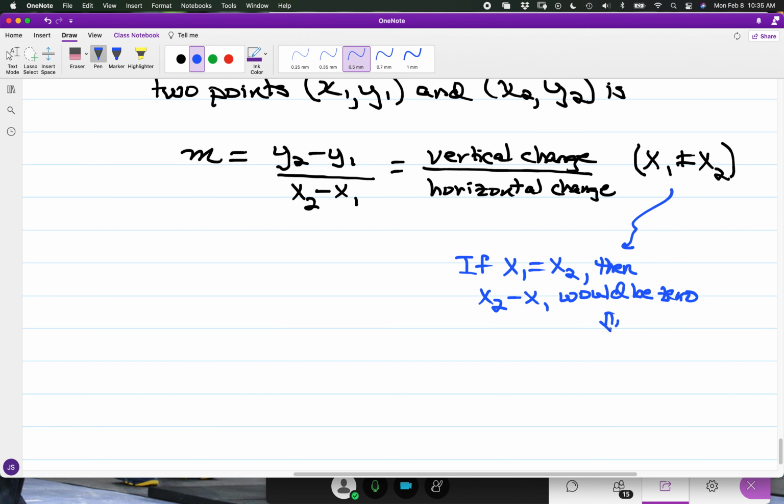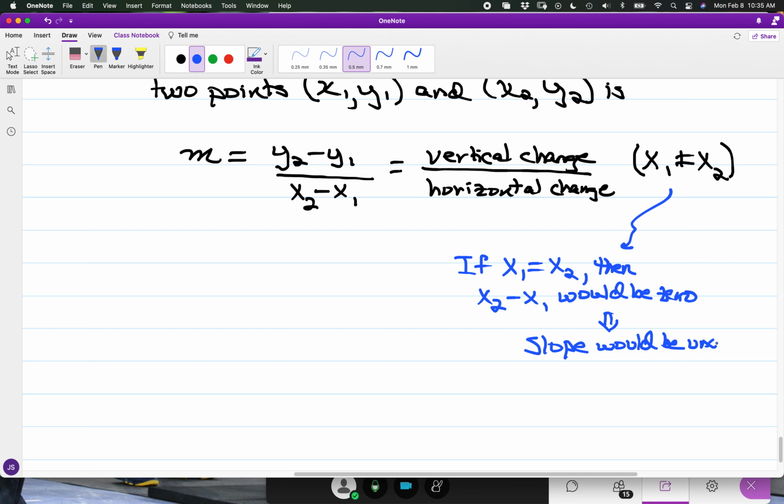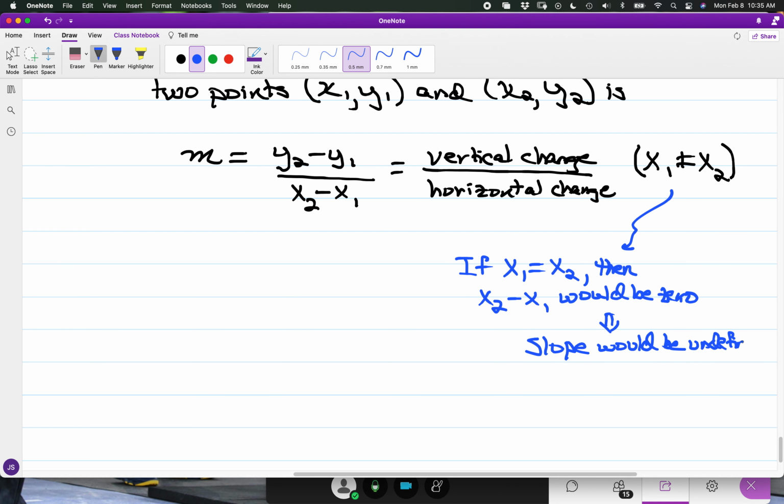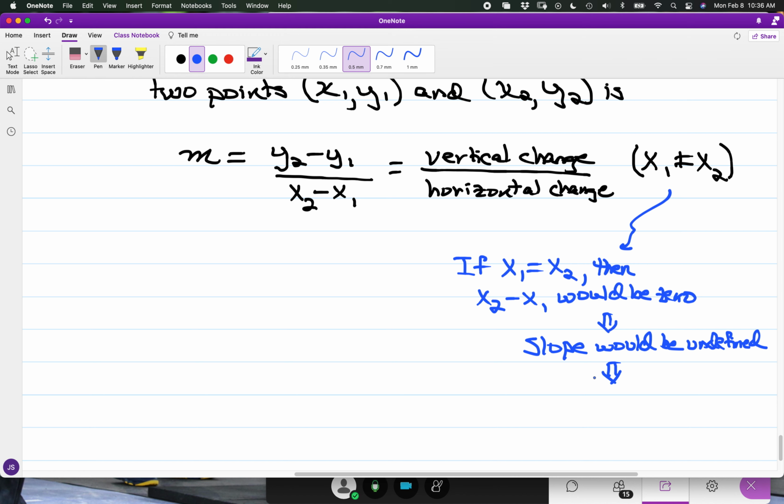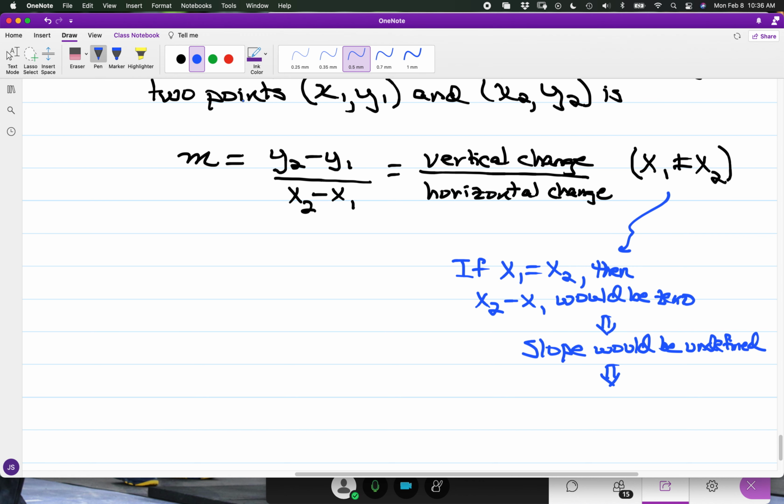And in consequence, the slope would be undefined, because of the 0 denominator. And there is a kind of line that does have an undefined slope. It'd be only change in y, but no change in x. So your line will be running up and down. Since your x value is going to be the same, you can change your y value, moving up, moving down, and so the line would be vertical.